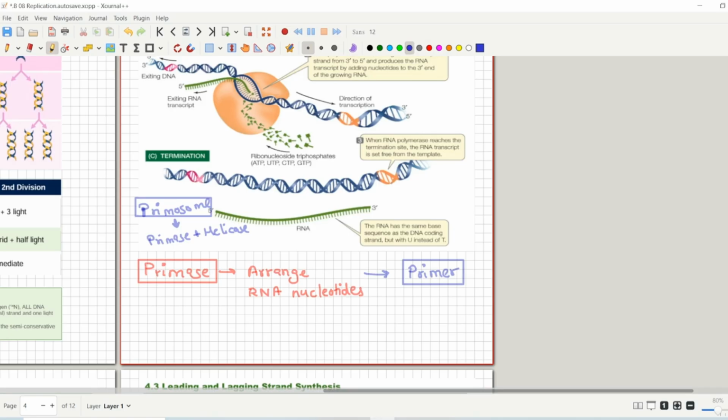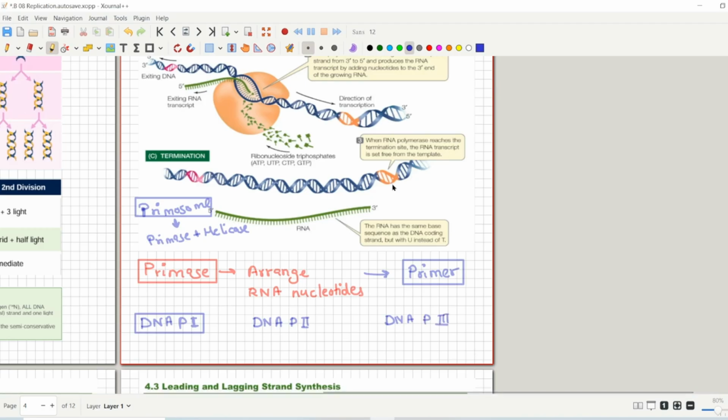The first is going to be DNA polymerase 1, and then we will discuss DNA polymerase 2, and the third is going to be DNA polymerase 3. So these three polymerases will work together during your DNA replication process.